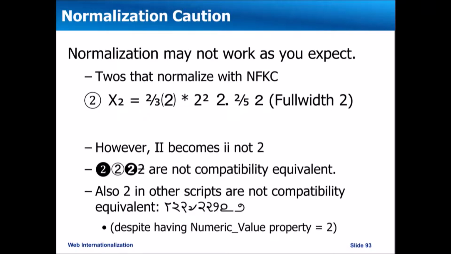There are some characters that are circled or with strokes through them that you'd say, well, that ought to be just a 2, compatibility 2, but it isn't. If I have a Roman numeral 2, that doesn't become a number 2, it just becomes 2 I's, right? And then if you have numbers in other scripts, those are not considered equivalents, although you can use properties to try and make that work out.